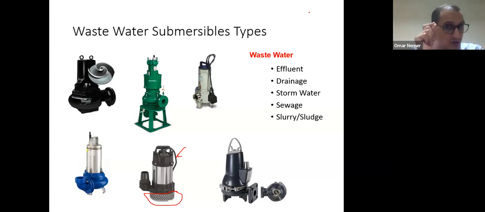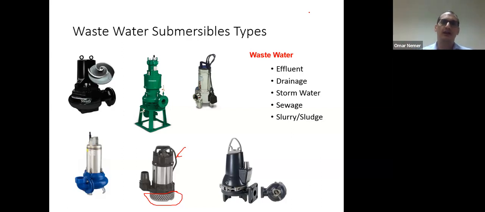But I also have to give a remark that some pumps could be written in the catalog as drainage, but actually they can also pump sewage. Just to clarify, some manufacturers, when they say drainage, don't mean the sewage, but there are others who, when they say drainage, mean including the sewage.